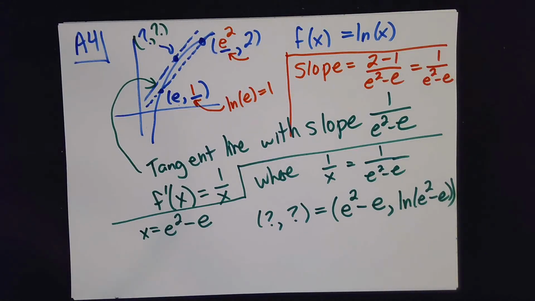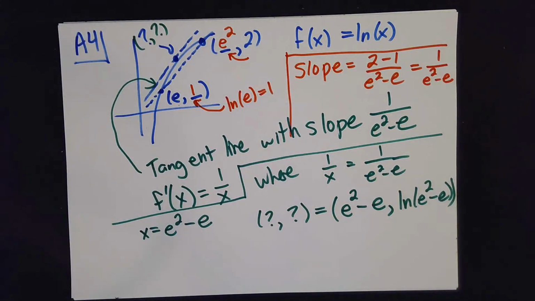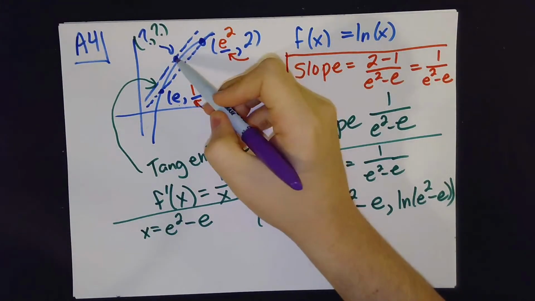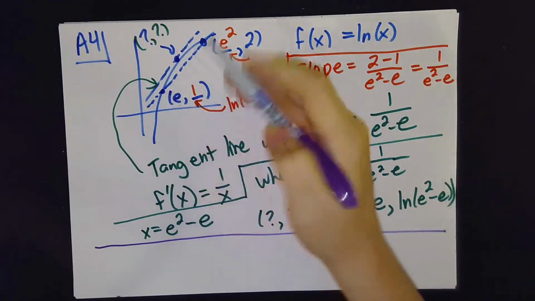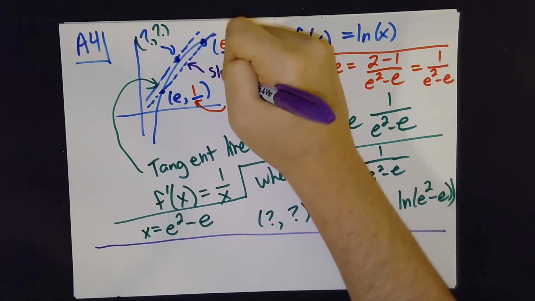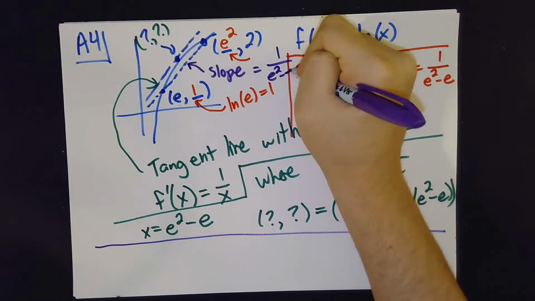Why do I compare the slope to the derivative? The reason is because the thing I know is that this line has slope 1 over e squared minus e.